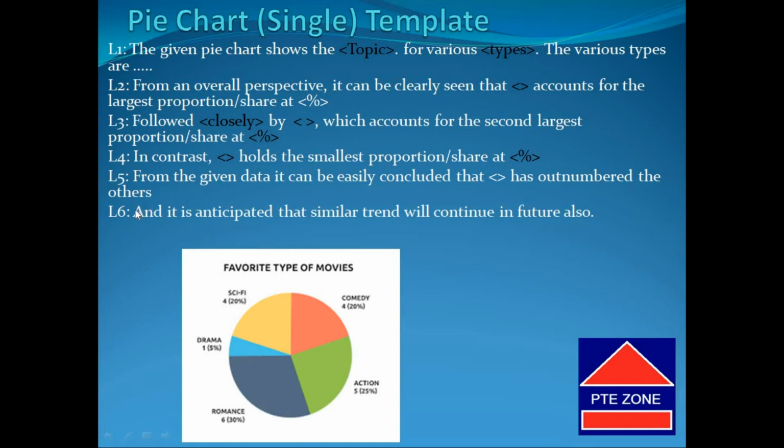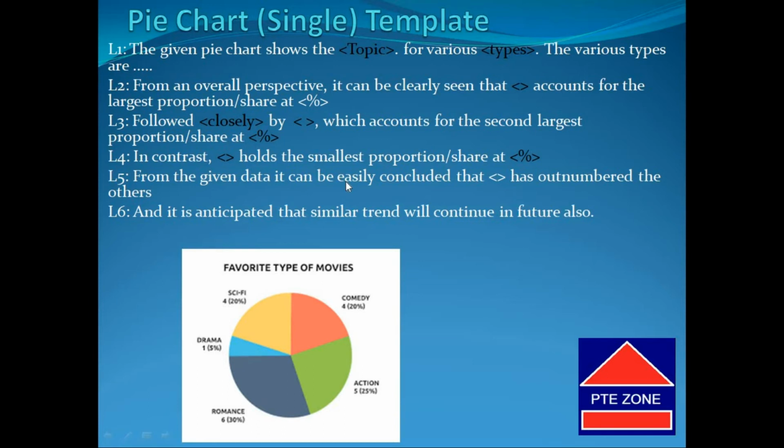That's it. I would not have said this last line. This last line doesn't have any inputs from the given graph, so if there is time, just add this line. Otherwise, don't add this line. Simple.